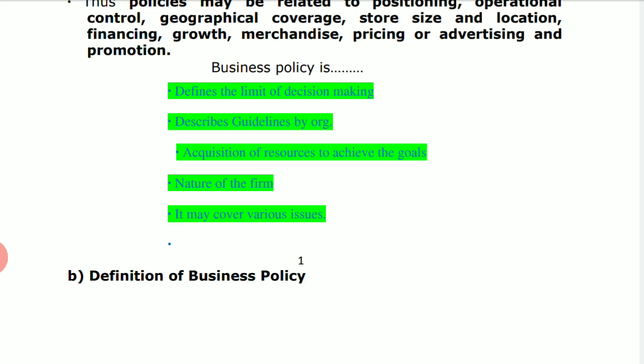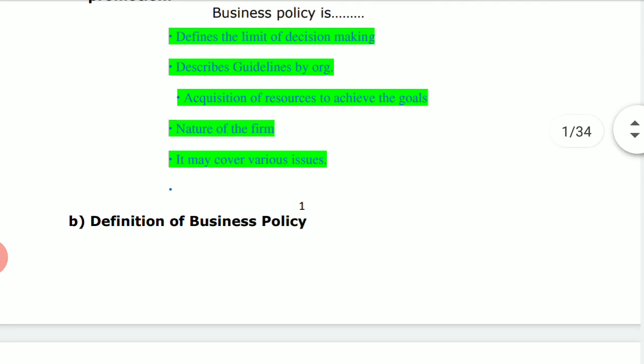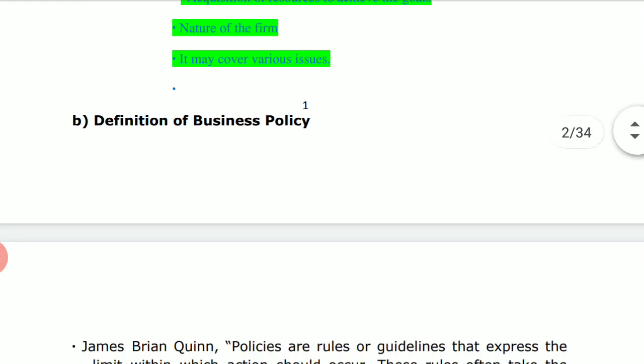Number 3, it helps in the acquisition of the resources to achieve the goals. Number 4, it tells us about the nature of the firm. Number 5, it may cover various issues, right? So this is all about the business policy. Just remembering these 5 points, we can describe business policies very well.